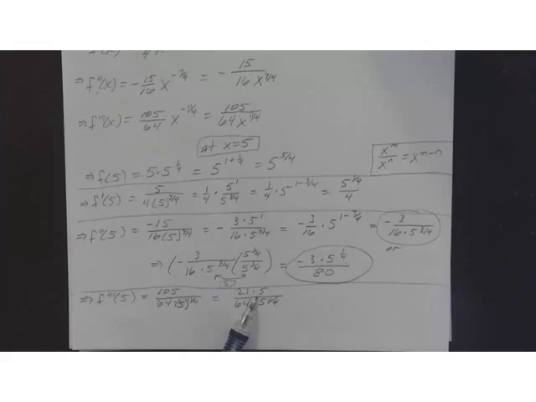So at 5, we could just make that 5 to the first power. So we could rewrite this as 21 over 64 times 5 to the first power divided by 5 to the 11/4 power, which is 5 to the 1 minus 11/4 power, which gives us negative 7/4.